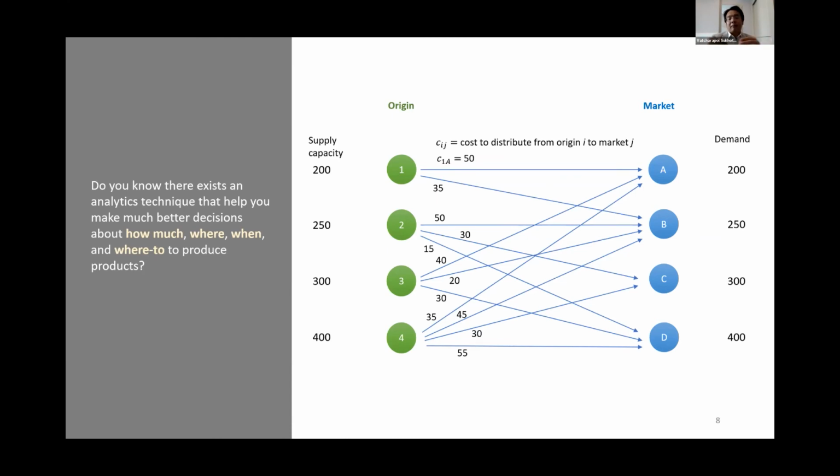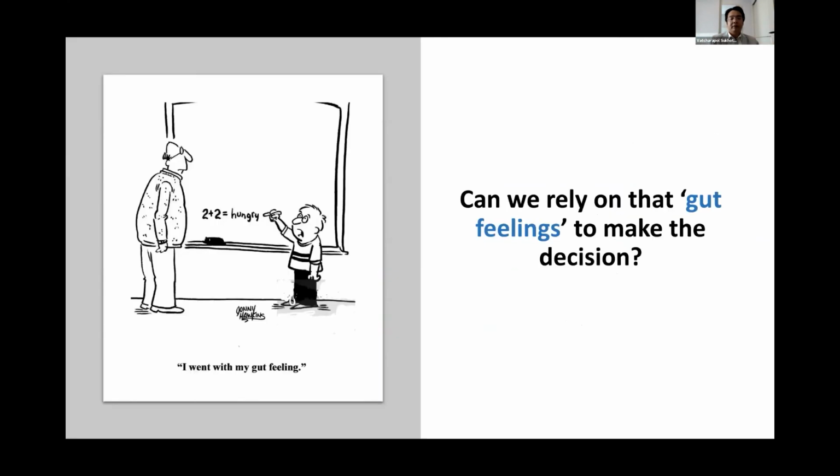I give you one example. Suppose you have like 4 factories and you have like 4 different markets. In fact, the real problem will be much larger than this. Where to produce, what products to be produced, in what location, to be distributed to different markets, by how much, and when. This is very important in the annual planning. How do we do this? Can we really rely on gut feeling to make the decision?